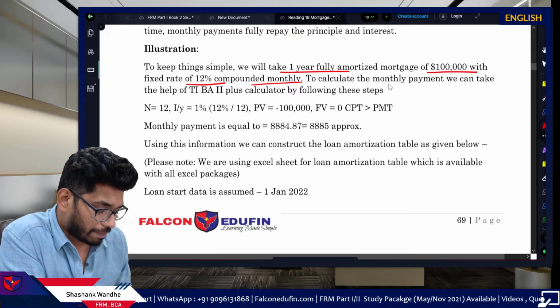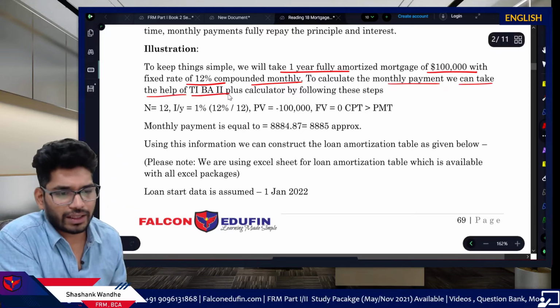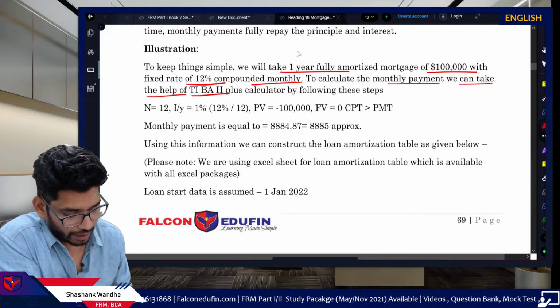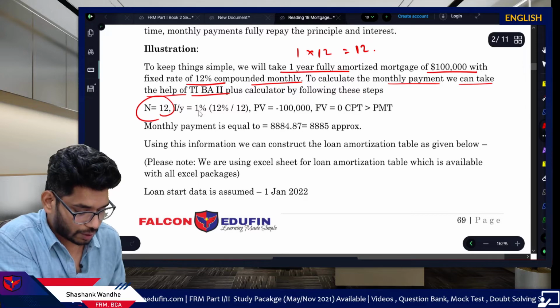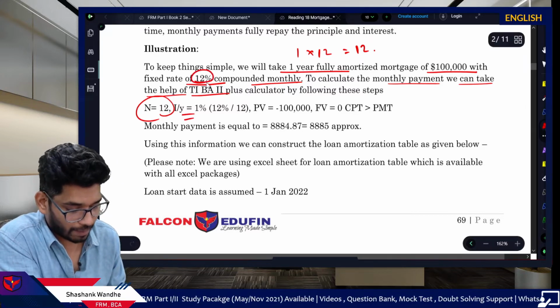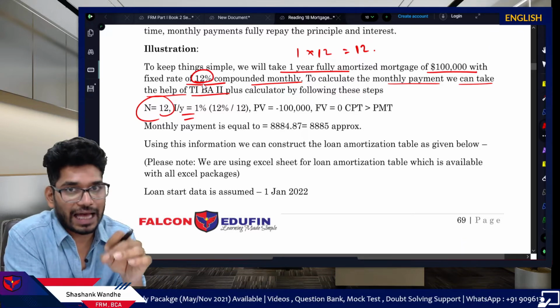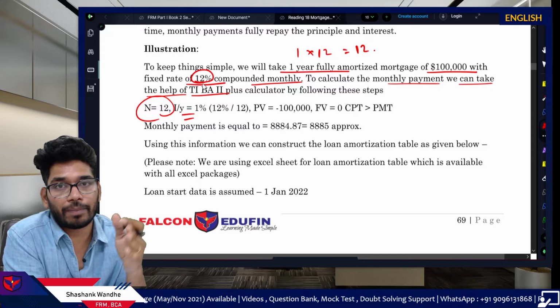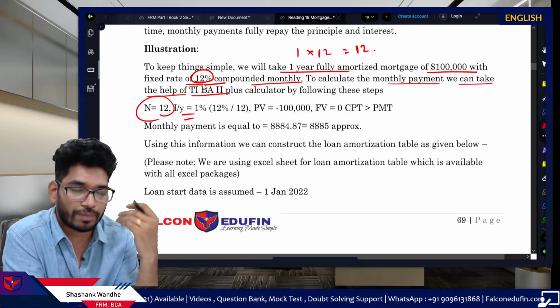And to calculate the monthly payment, we can take the help of the TI BA II Plus calculator. Okay, so what you have to do here is you have 1 year and 12 months. So total N is equal to 12. I/Y, the yield or the interest rate here, is 12%. Again, it is monthly compounded, so divide by 12. If in the exam you're not told whether it is monthly compounded or continuously compounded and so on, assume monthly compounding instead of assuming any other thing.